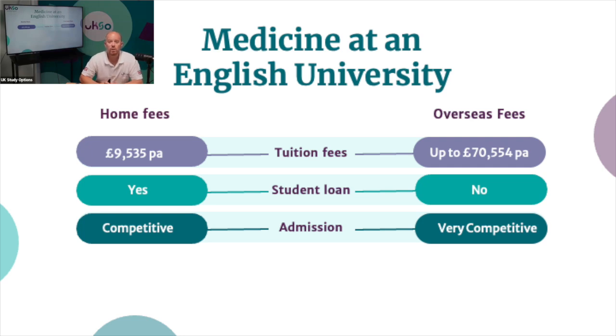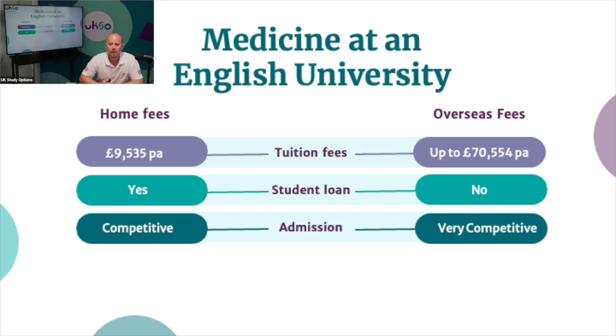Just a quick tip when applying to a medical degree, do check the duration of the course. Some medical degrees in England can be 5 years in length. In fact, at Cambridge, it's a 6-year course. So really important to understand how many years you are going to be paying those tuition fees for.